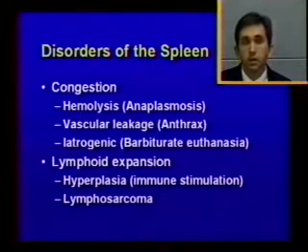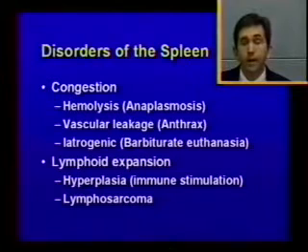Different reasons are present for splenic enlargement. If the spleen is congested, when it's removed from the body and it's cut, blood is released, and that tells us that it's congested. It can be caused by hemolysis, because if the blood cells are lysing, the spleen is faced with the challenge of clearing these lysed red blood cells from the circulation, and therefore it expands due to the clearance mechanism.